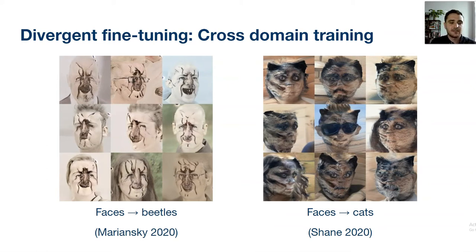As I was saying, a lot of people, when they're training a StyleGAN model, will start with the default model of faces, and then they'll be training it on their own data set, and then they'll find that halfway through you get very bizarre and unexpected results. So on the left we have a hybrid between faces and beetles, and on the right we have a hybrid between faces and cats.